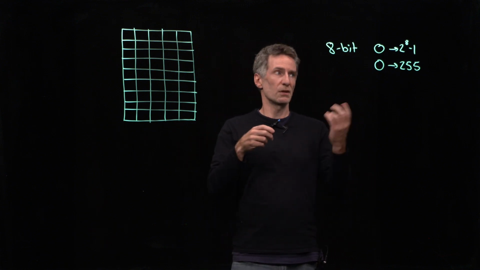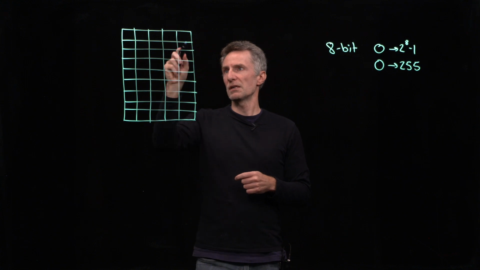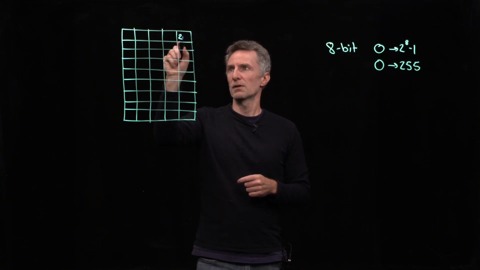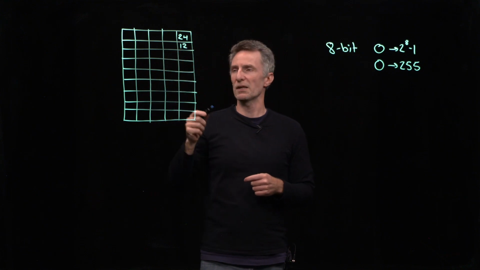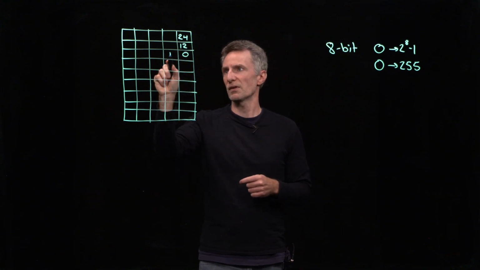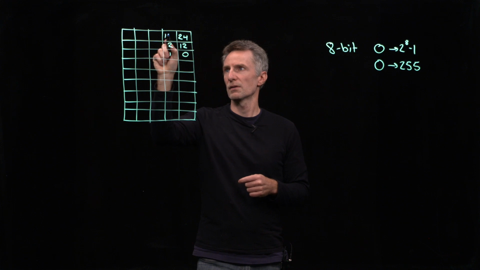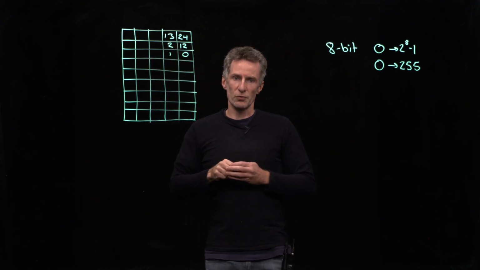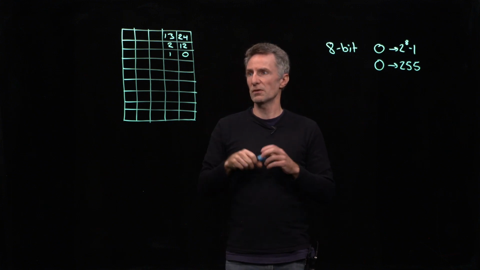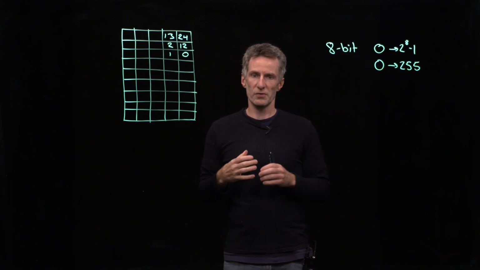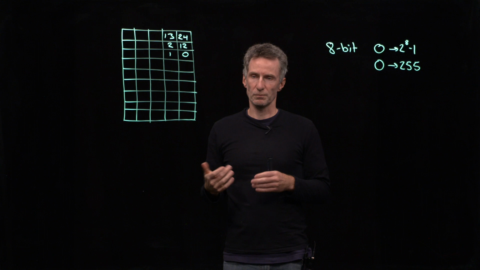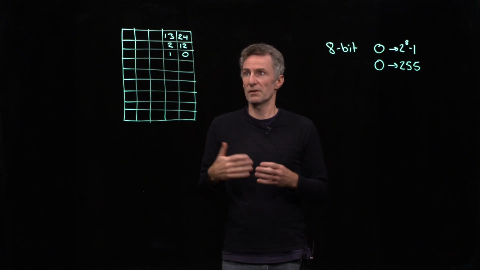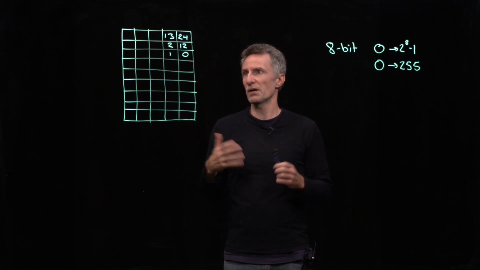But if we imagine that we're working with an 8-bit image, each cell has a value. Typically I'm not going to write all the values, but you can imagine all these cells have different values here. If we've taken an image of a very dark surface, the pixel that has recorded that dark surface is going to end up with a low number: 0 if it's as dark as it could possibly be, but otherwise a low number.